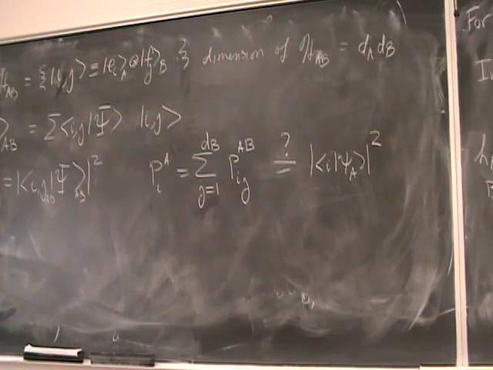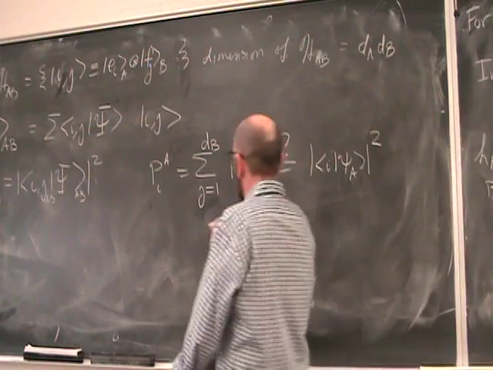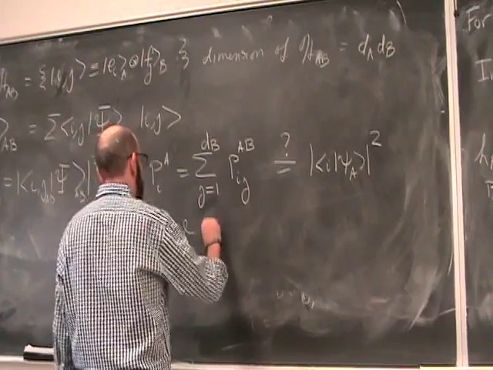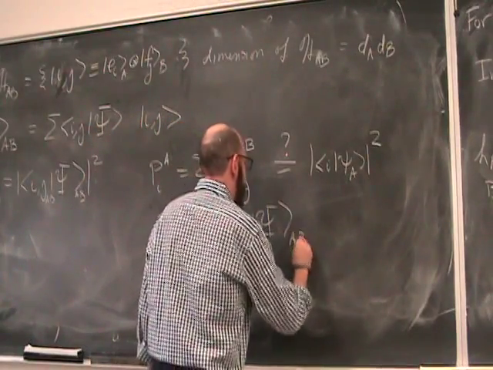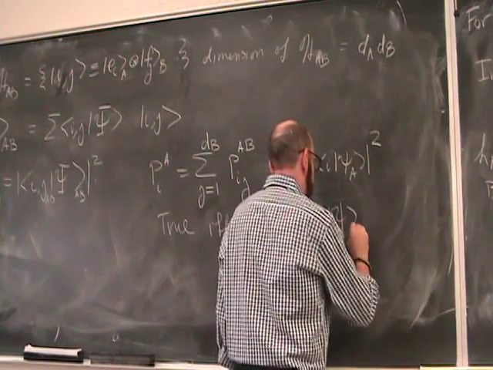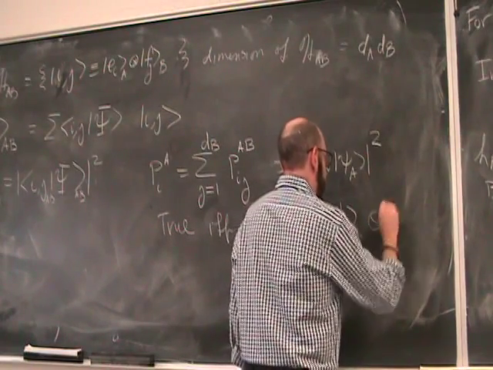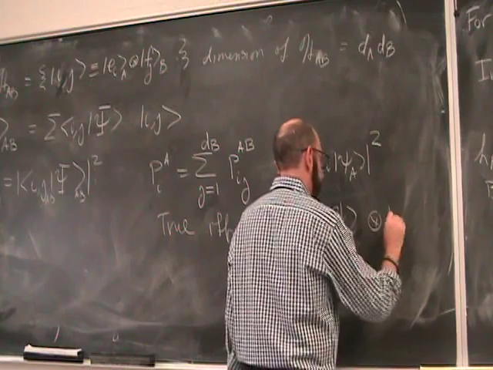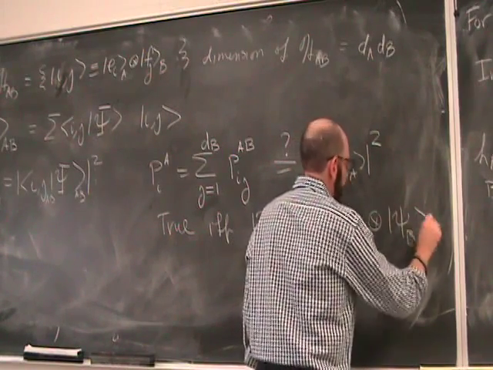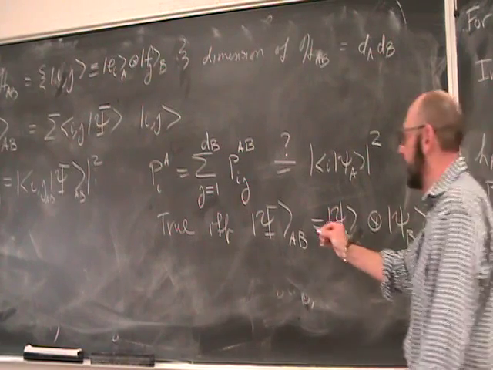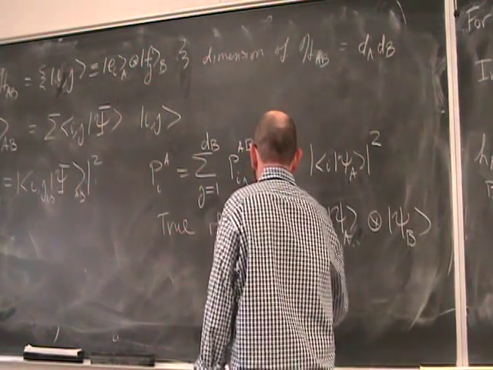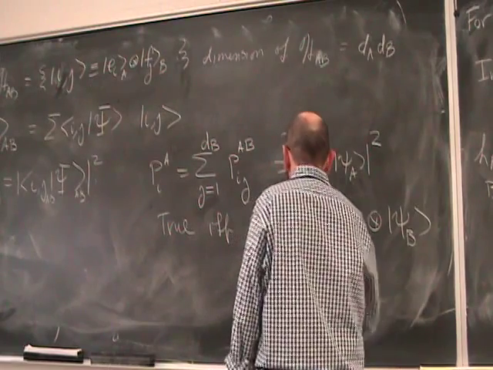If it's separable. This is true if and only if psi of the joint system is a product state for two different states, or they could be the same depending on the Hilbert space. That's the only case. In this case, we would say the state is separable. Otherwise, entangled.